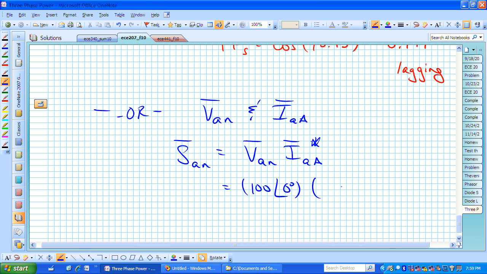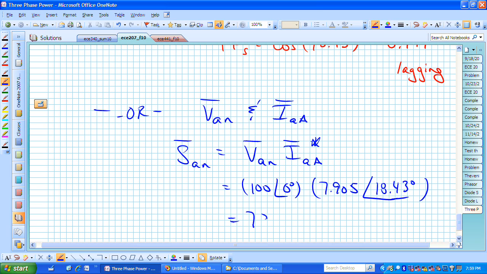I sub aA was 7.905 at minus 18.43 degrees, which when we conjugate is 18.43 degrees with a positive sign.